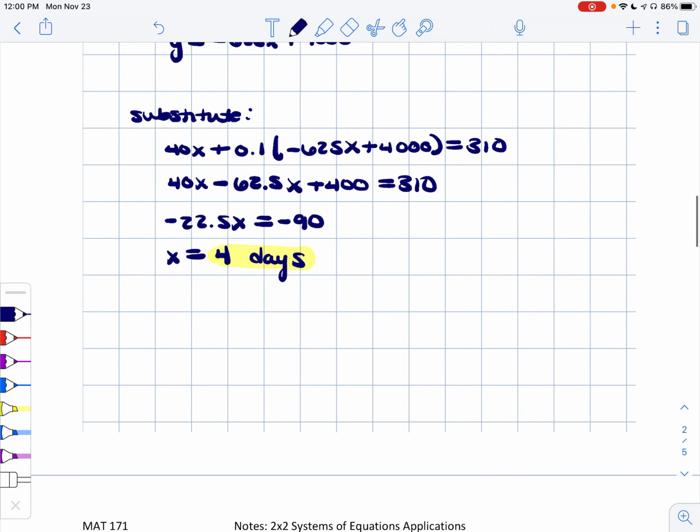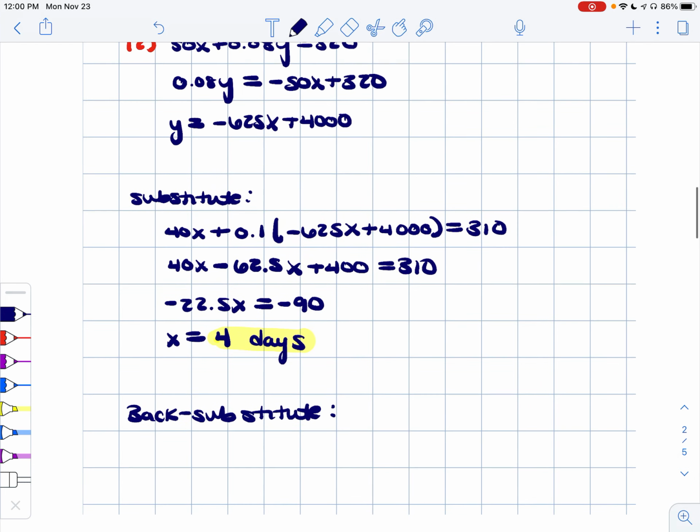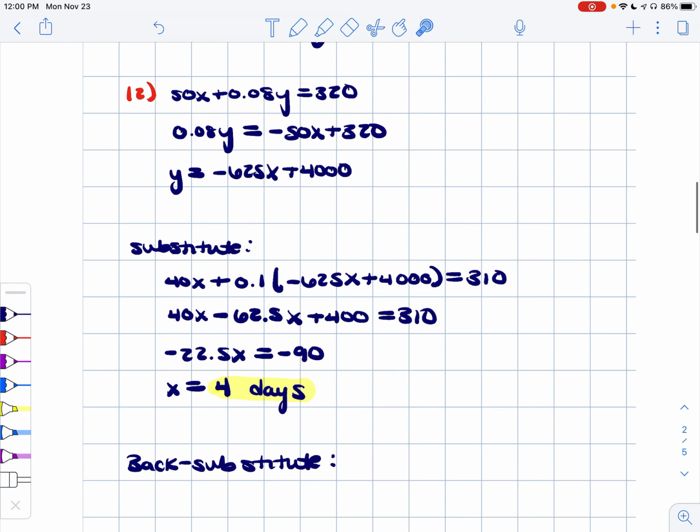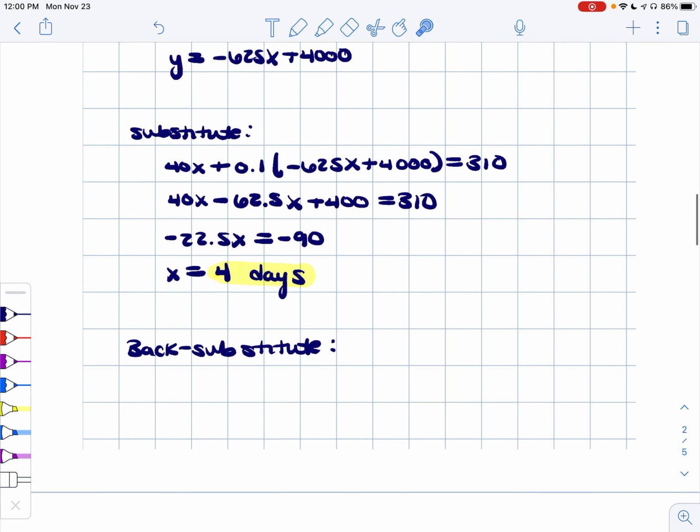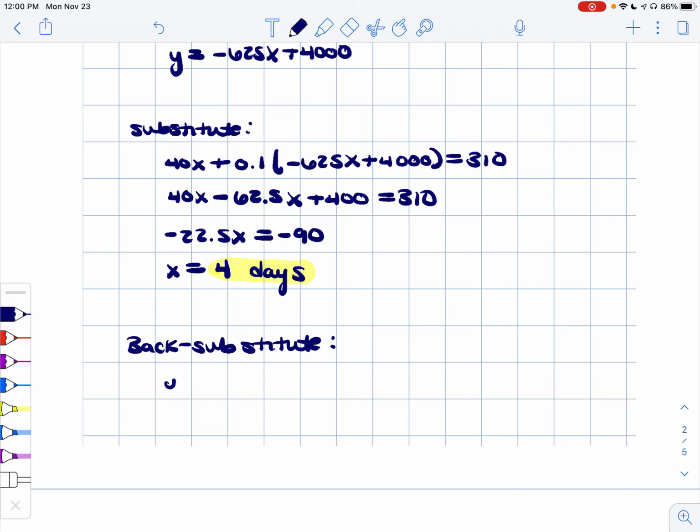All right, lastly, we need to back substitute to solve for y. So I'm going to go ahead and just plug it right back in here. So we'll get y is equal to negative 625 times 4 plus 4,000.